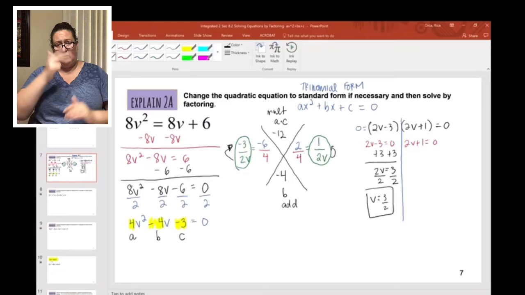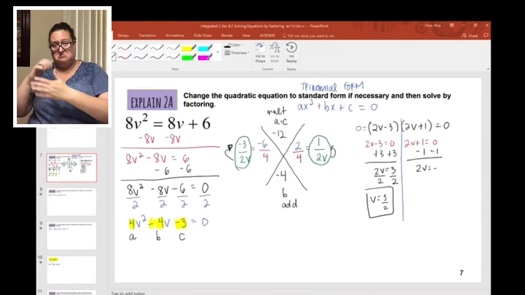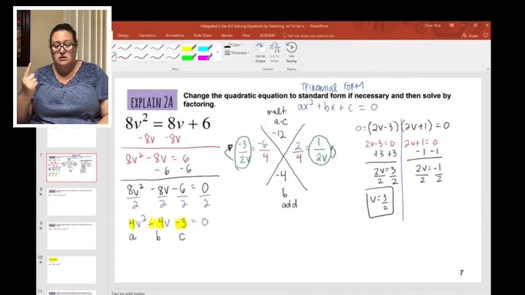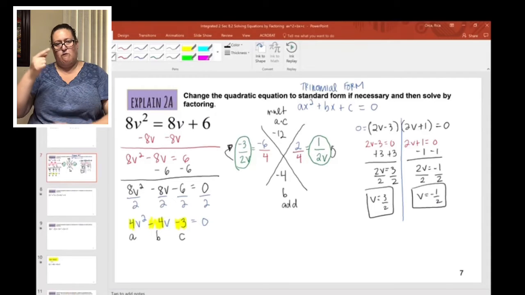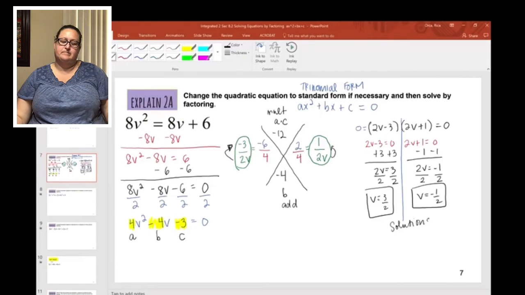In our second equation, we want to subtract 1 to both sides. We get 2v equals negative 1. Divide by 2, v equals negative 1/2. So those are our solutions. Let's check our work.